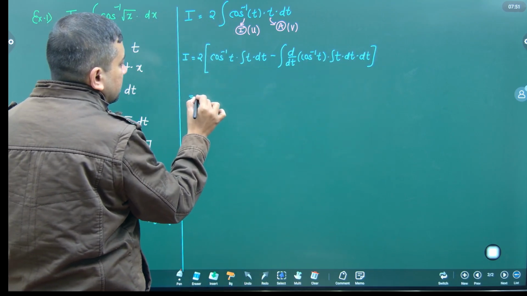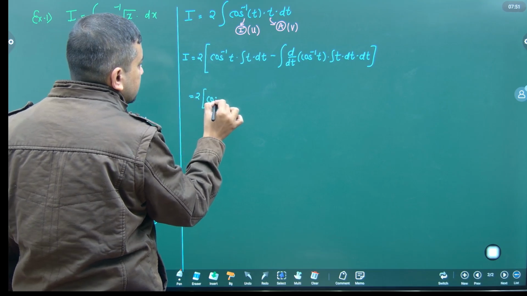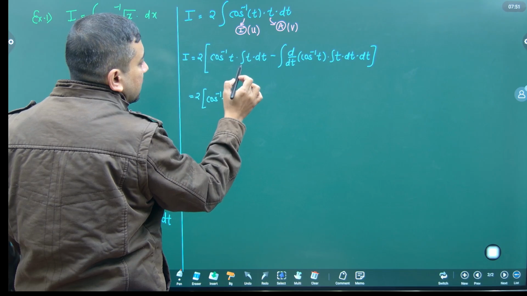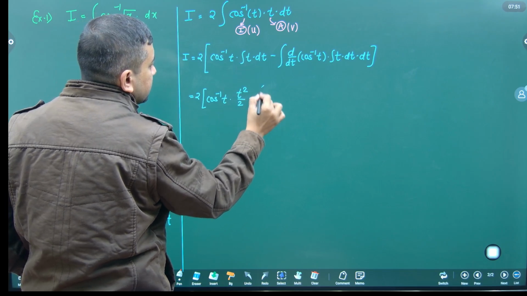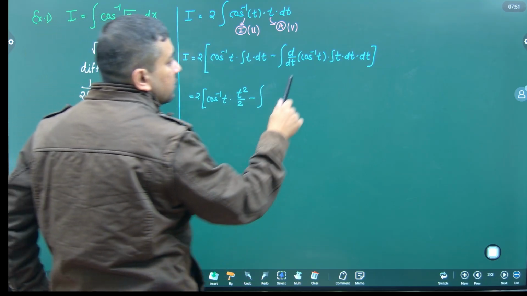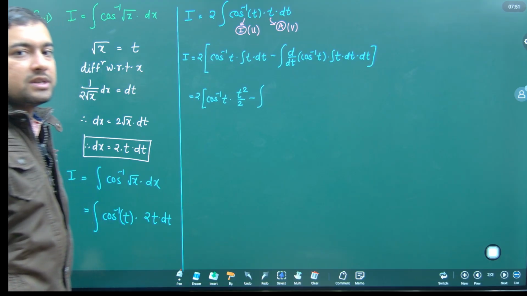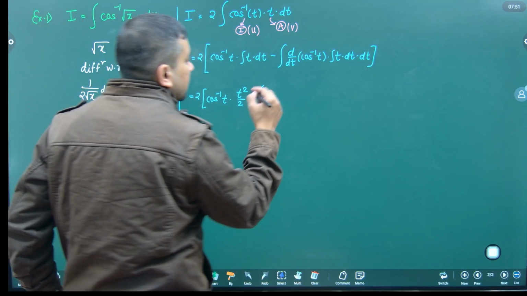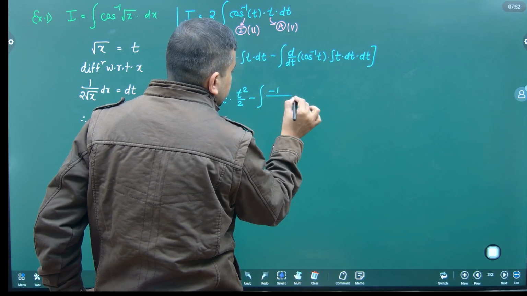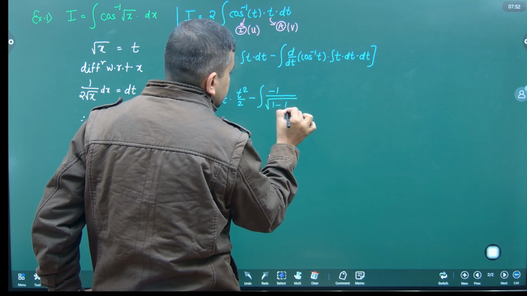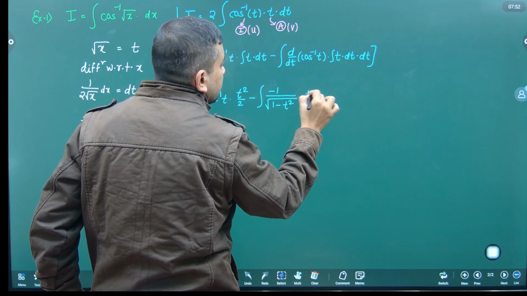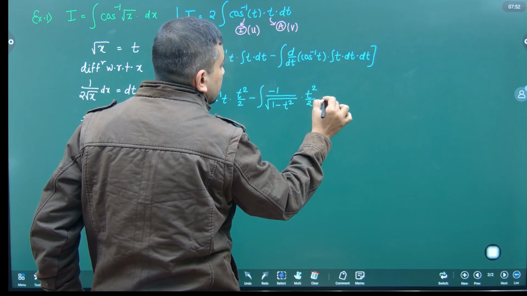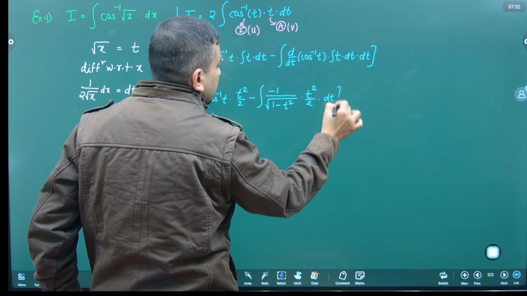So this is equal to 2 in bracket cos inverse t into, what is integral of t? T square upon 2, minus integral, what is the derivative of cos inverse t? Derivative of cos inverse t is minus 1 upon under root 1 minus t square, into integral of t. What is integral of t? T square upon 2, into dt.